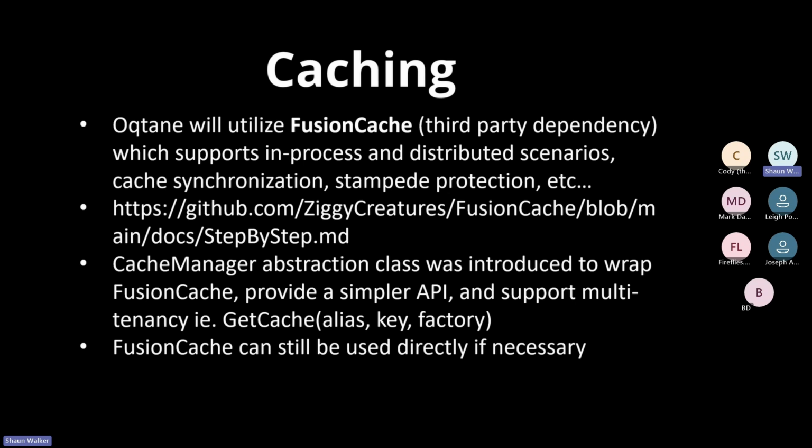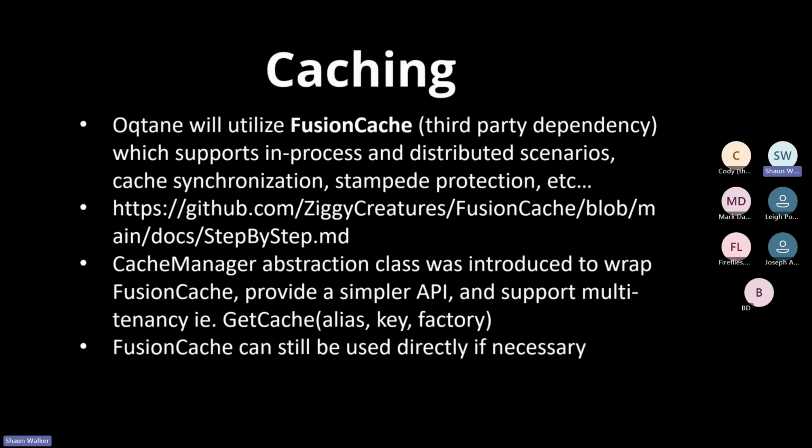And in Oqtane, you have multiple sites. Each of those sites will use keys to access values in the cache, but unless they're prefixed accordingly based on the site, then you're going to have cache collisions based on the key name. And so that's why it's important to think about multi-tenancy when you're using caching within the Oqtane environment. These API methods try to make it simpler for developers where you can pass in the alias and it'll take care of that for you.